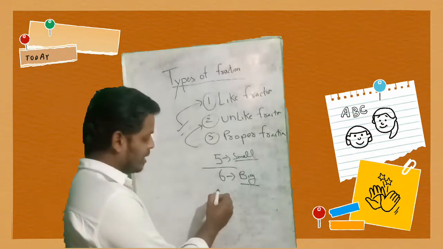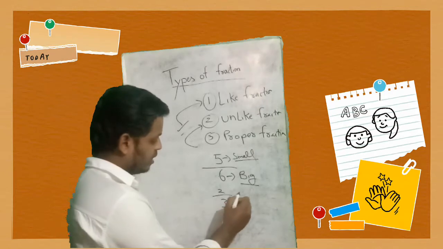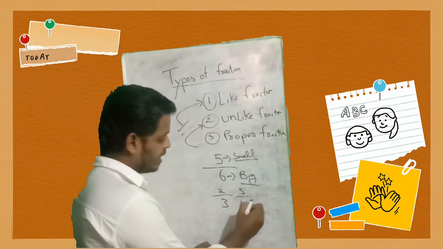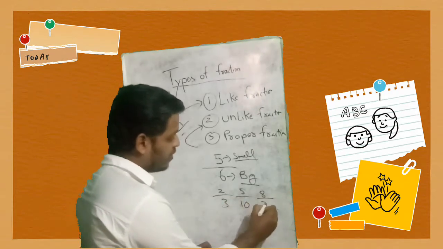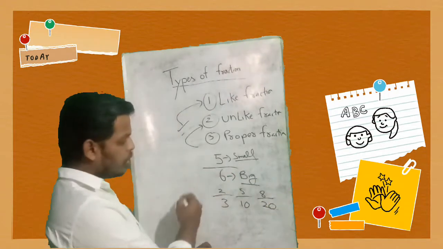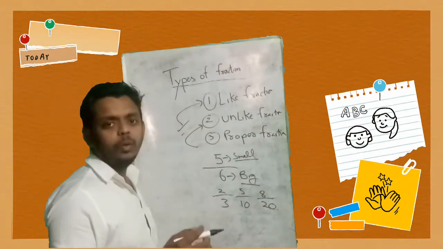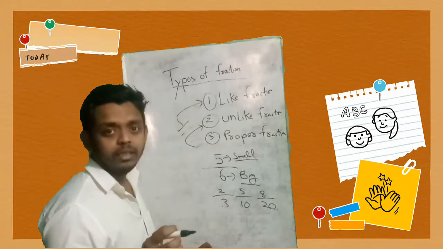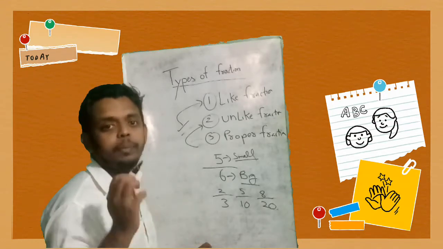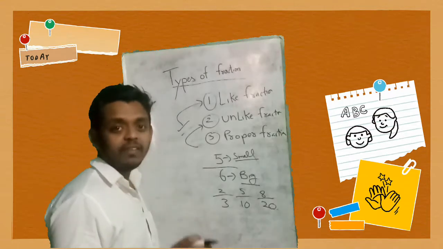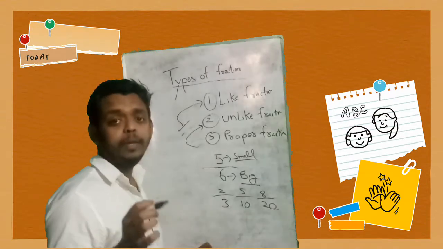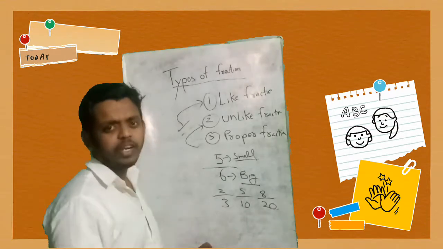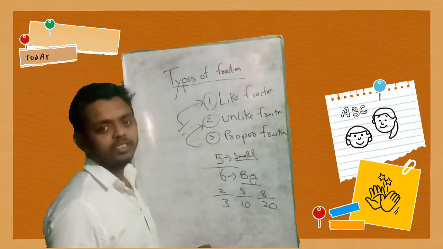Let me show you one more example: 2 by 3, 5 by 10, 8 by 20. In all these fractions, you can notice the numerator is smaller and the denominator is bigger. A fraction which has a smaller numerator and a bigger denominator is known as a proper fraction.